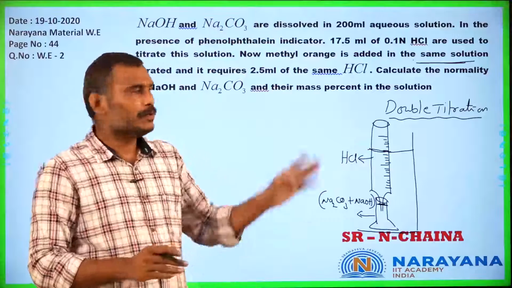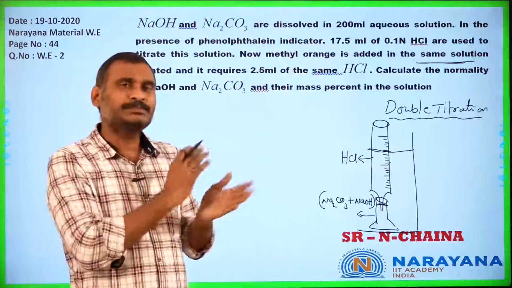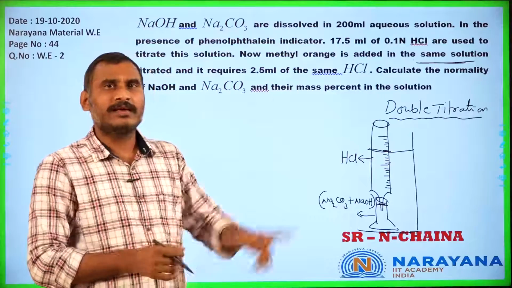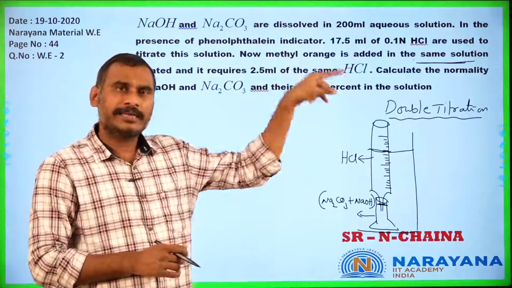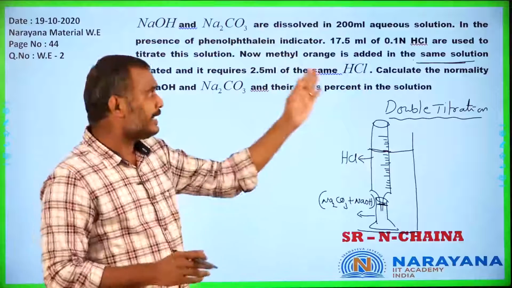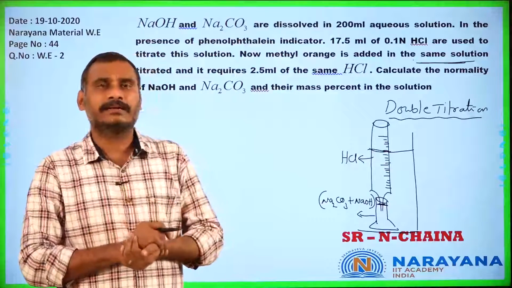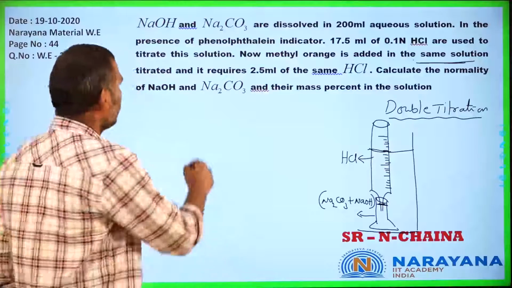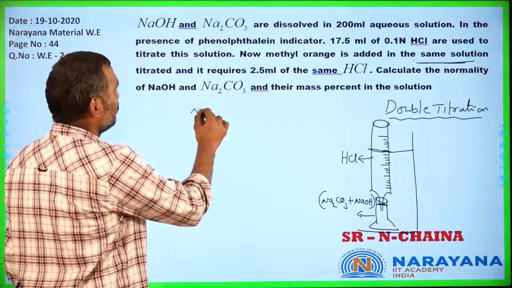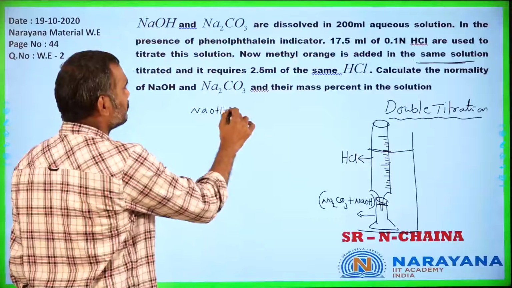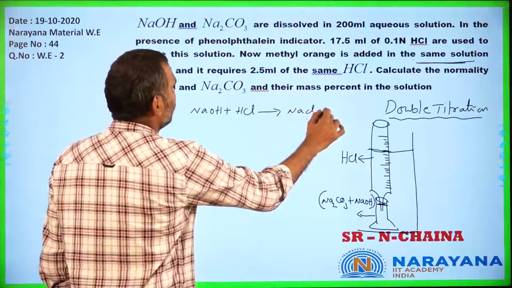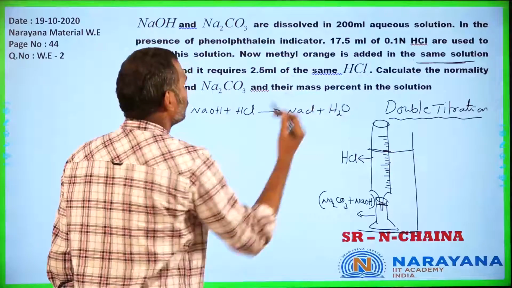You know what is the principle involved in the double titration? At the phenolphthalein indicator equivalence point, what happens? And at the methyl orange indicator equivalence point, what happens? First, in the reaction, NaOH reacts with HCl, producing sodium chloride and water.